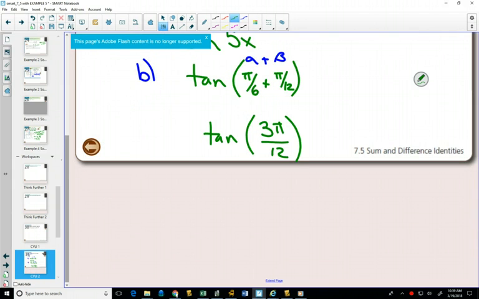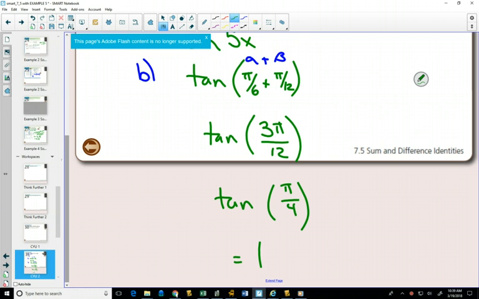Yes, because it reduces to pi over 4. It's not on there as 3 pi over 12, but because this simplifies to pi over 4, and tan of pi over 4 is on our unit circle, this is equal to 1. Yes? Write it just tan pi over 4. There's no x in there, so it would just be tan of pi over 4.